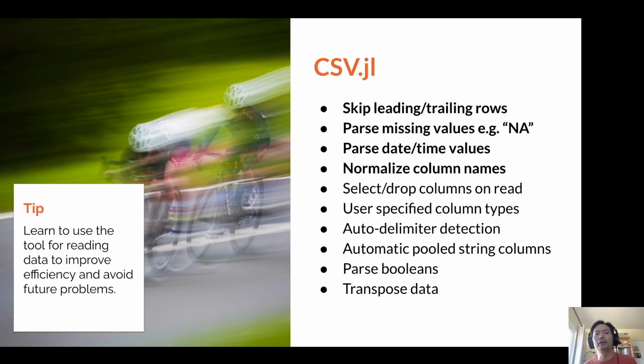Because it's so free-formed, reading a CSV file is actually quite complex. Luckily, CSV.jl automates most of it for you. So whether you want to skip your header or not, whether you want to read the file with a specific missing data string, CSV gives you all that functionality. And it's very feature rich.